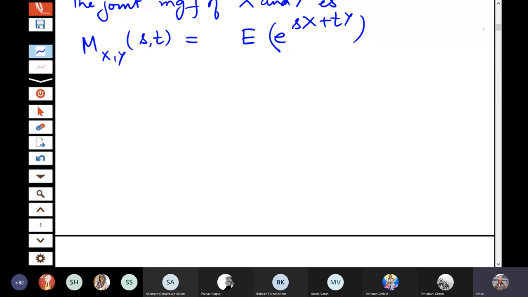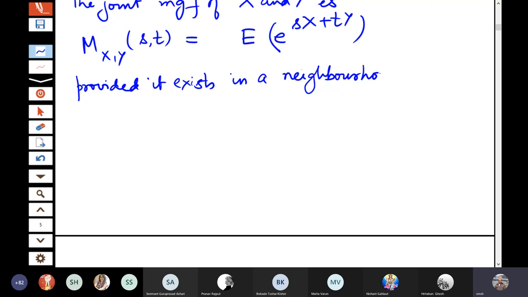Provided it exists in a neighborhood of point 0, 0.